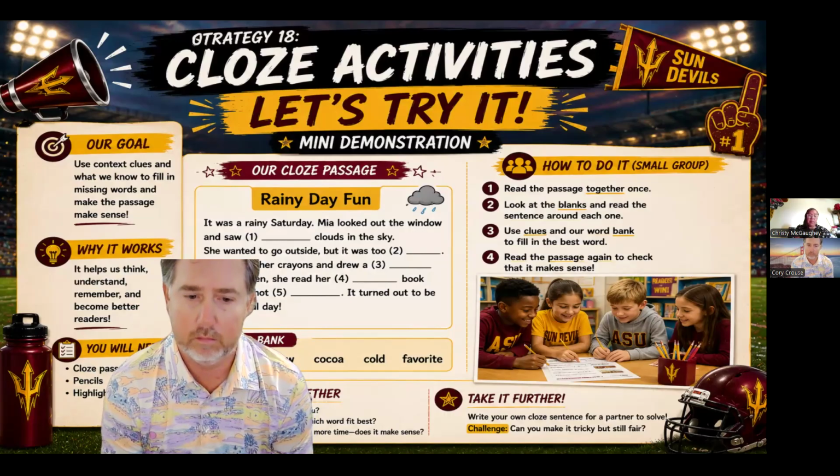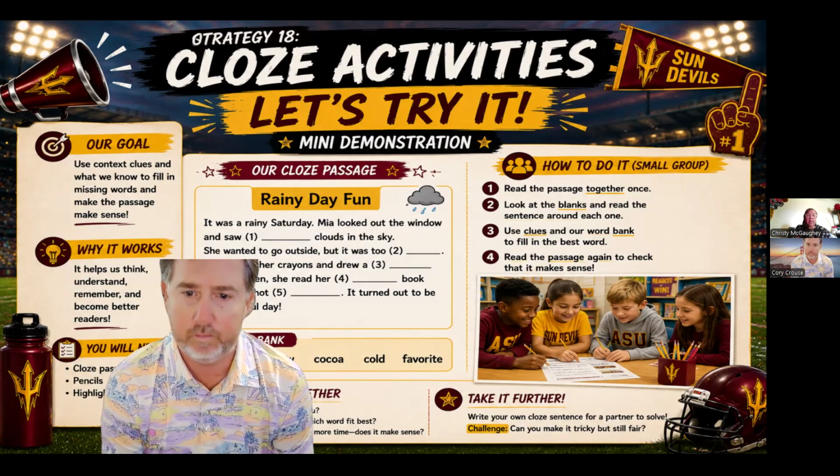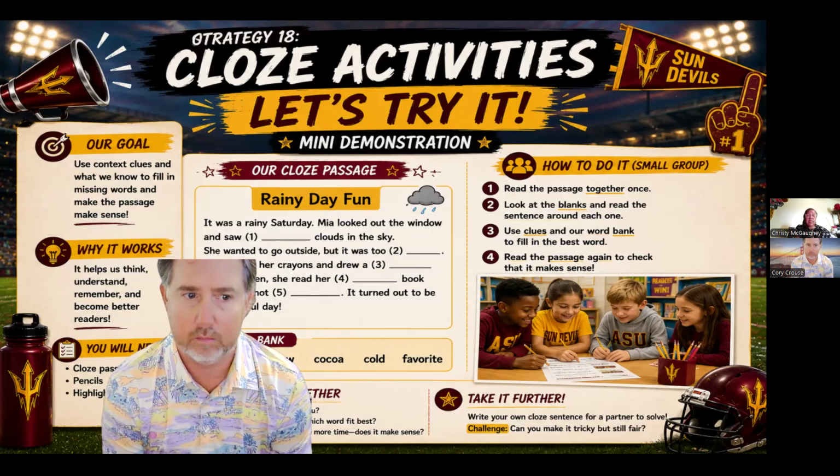This strategy helps students become stronger readers while building confidence and comprehension. So it has our goals. We use context clues and what we know to fill in missing words and make the passage make sense. So why it works: it helps us think, understand, remember, and become better readers. And then you will need cloze passage cards, pencils, and highlighters, which is optional.